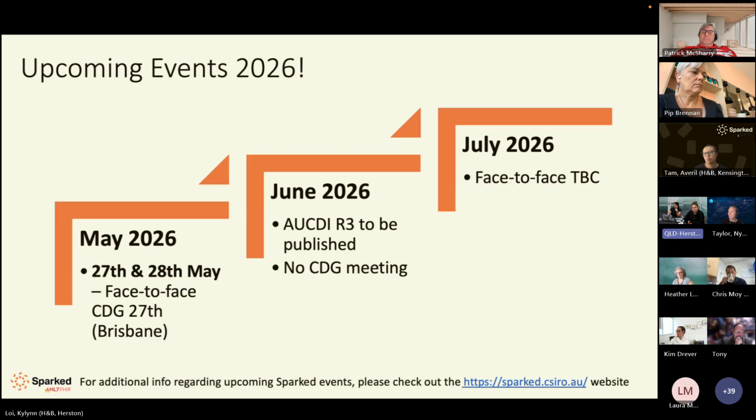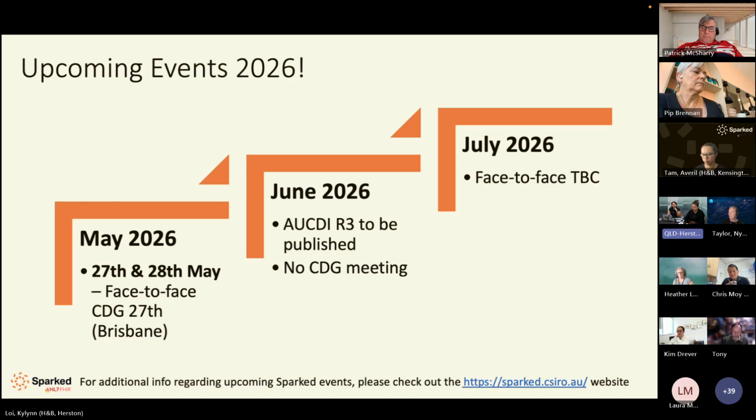Upcoming events: the May face-to-face on the 27th is the CDG in Brisbane. Vicky, I think it's the VOCO, is that right? The VOCO? I think so, yeah. But please double check the Eventbrite because I could have it wrong. So it'll be the 27th. Then in June, we'll be publishing AUCDI R3, but we won't have a CDG meeting.